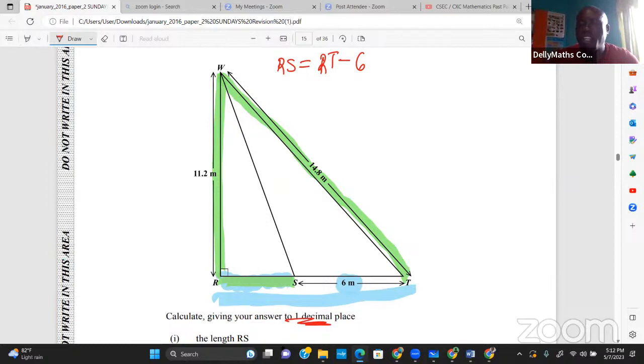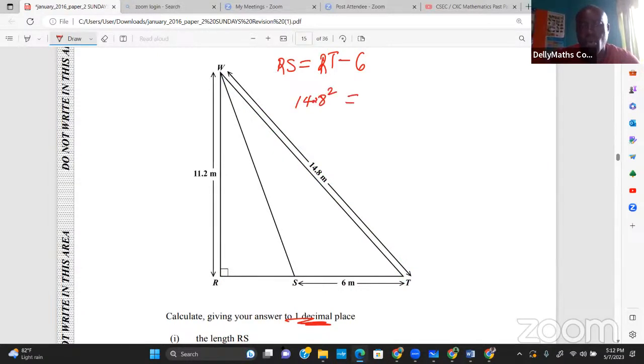Now, RT is one of the short sides. It's down here, one of the short sides of that right angle triangle. So we start off with the longest side squared: 14.8 squared is equal to 12.2 squared plus RT squared.